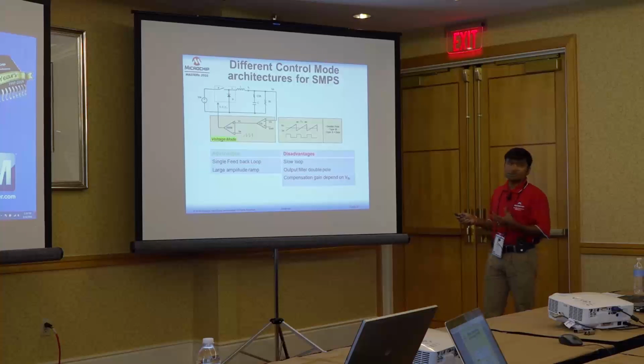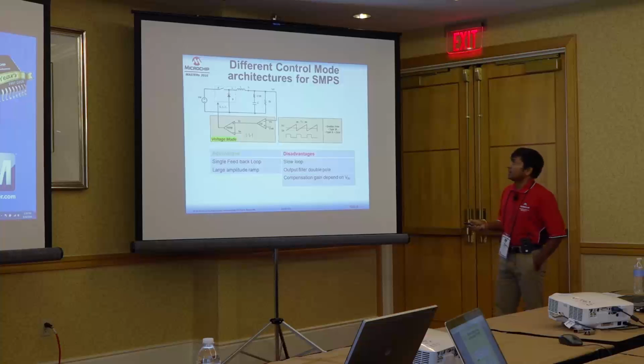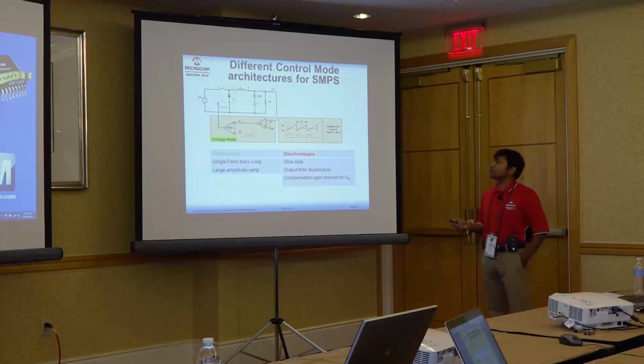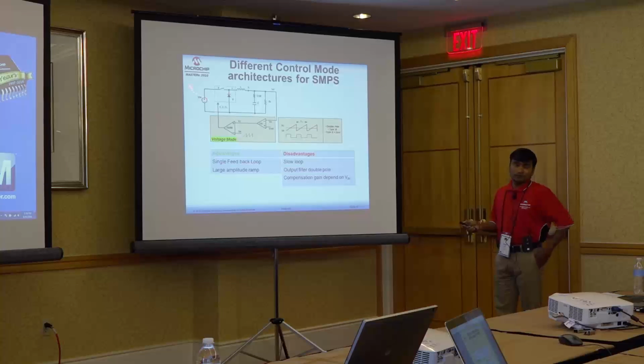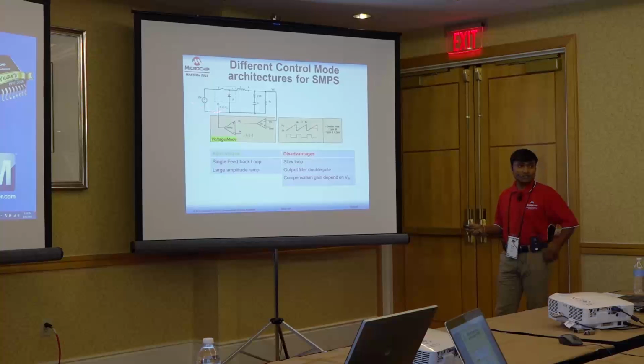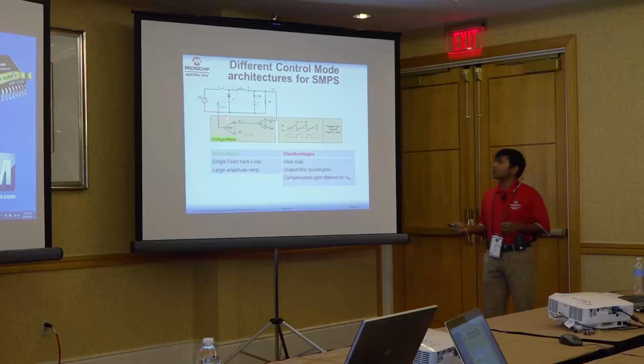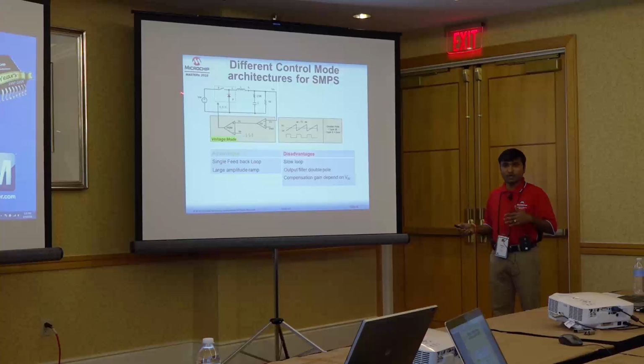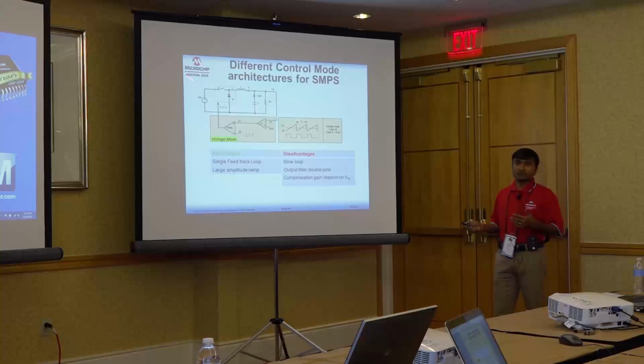So, it requires tedious work, and if you look at the transfer function from the output to the input, the loop gain also depends on the V in, the factor of the V in. So, if there is a wide variation of the V in, that makes the calculations much more difficult.